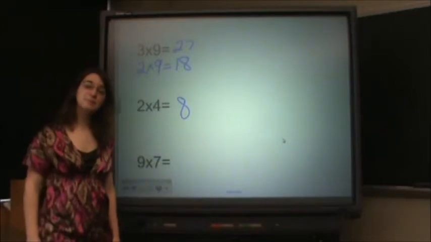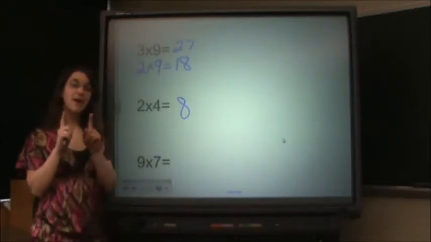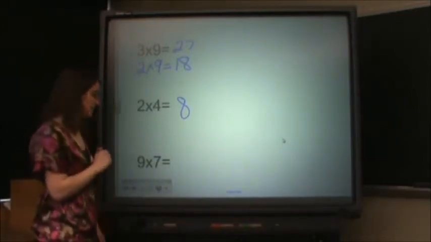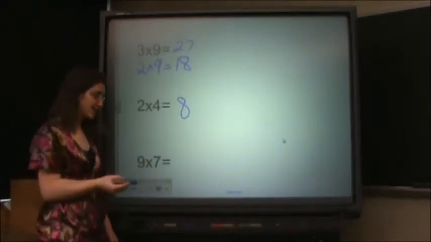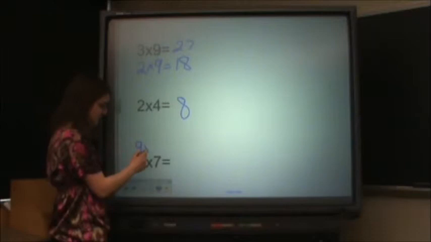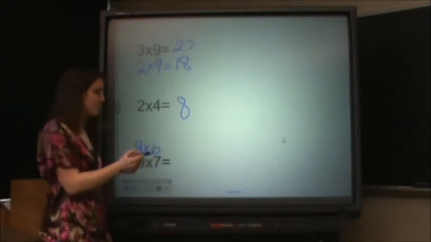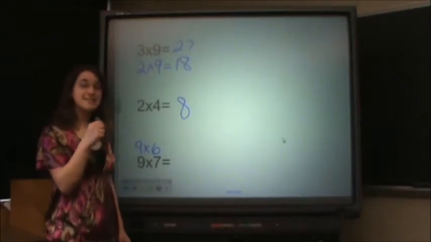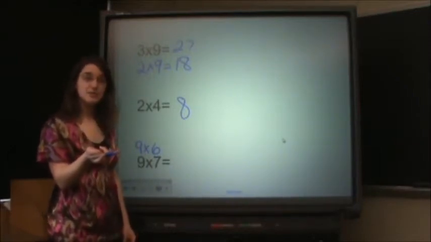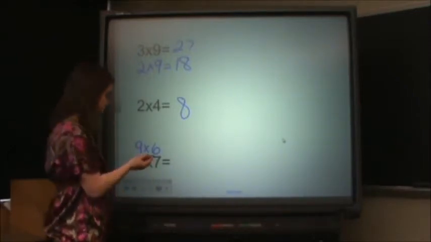9 times 7 is a little bit trickier. I decided to combine 2 of the strategies because the only basic fact that I could think of around it was 9 times 6, and I wasn't super familiar with that one. So I decided to do doubles, or doubling.